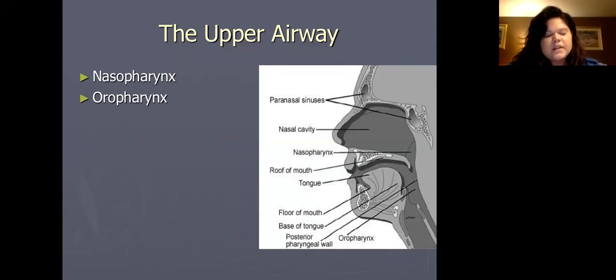Just remember a key thing in this presentation, that the upper airway houses the nasopharynx and the oropharynx and all that entails. So you have the nasal cavity, sinuses, the roof of the mouth and the tongue, the base of the tongue, the posterior pharyngeal wall, and the oropharynx.